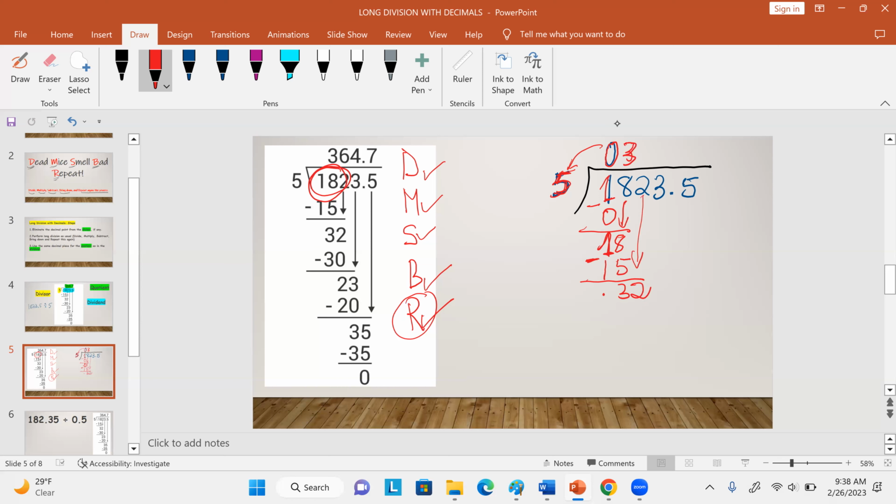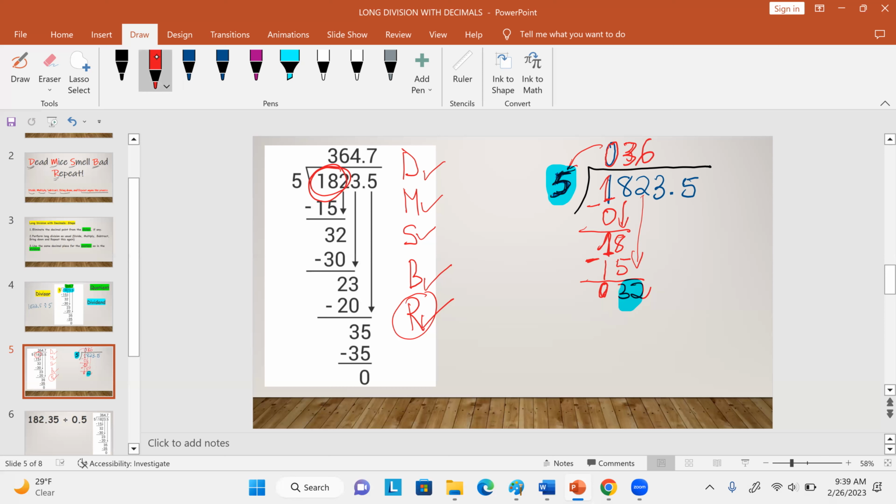And we have 032, which is the same as 32. We repeat the process: take this 32 and check how many times the divisor 5 goes into 32. The answer is 6. That 6 will be on top of the 2 here.